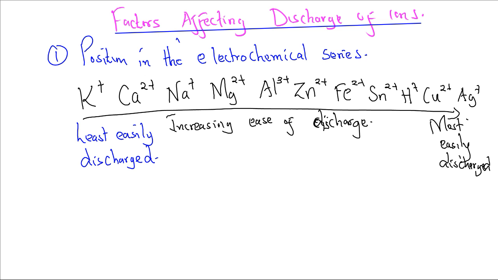So realize that if you compare copper and hydrogen, copper 2 ions are preferentially discharged to hydrogen ion. If you look at zinc and sodium, then it is clear that zinc ions are preferentially discharged to sodium ion.